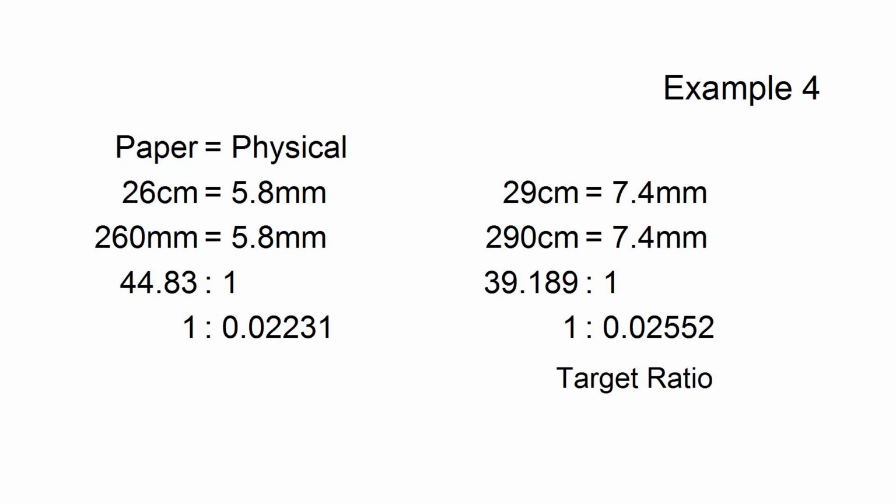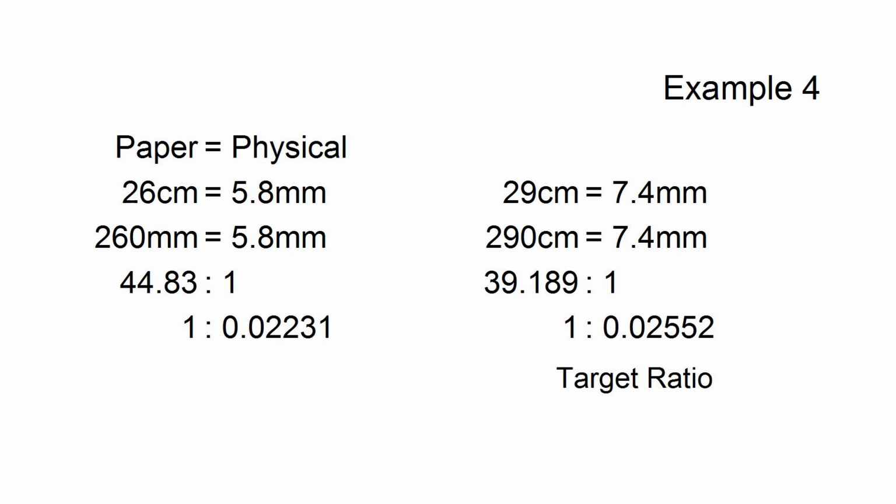When the paper side of the ratio is larger than the physical side, the indication here is that we have a magnification that's capable. When we have a magnification that's capable, the limiting case is going to be to select the smaller magnification. If the magnification is too big, it's not going to fit in the space.